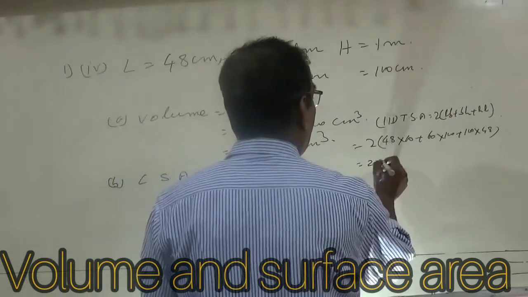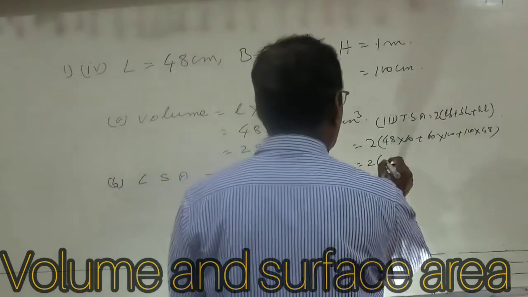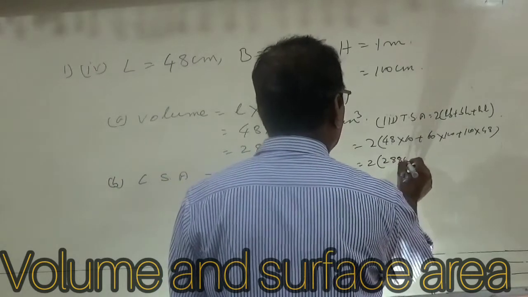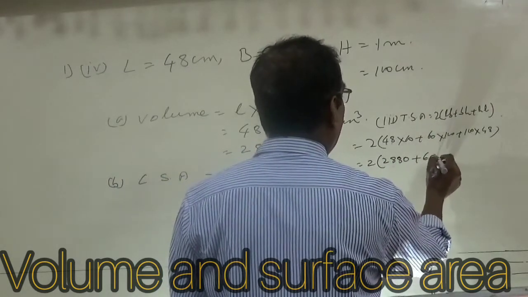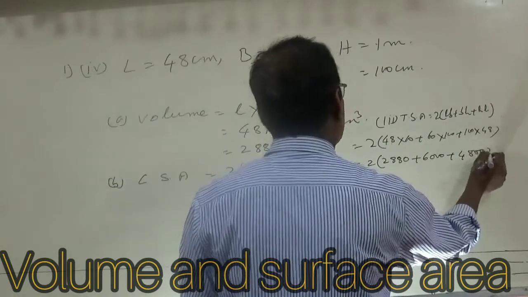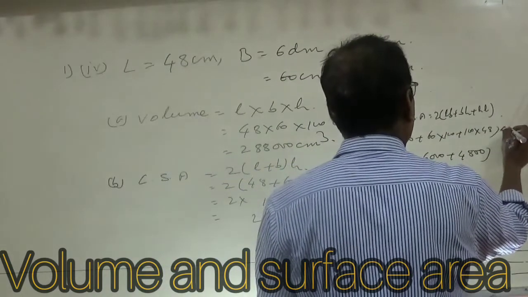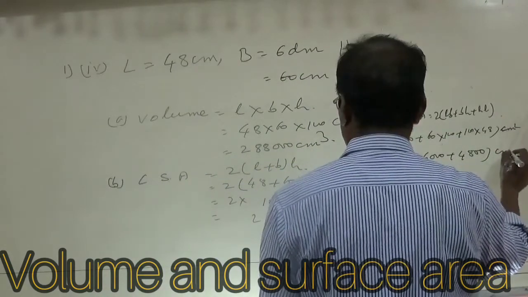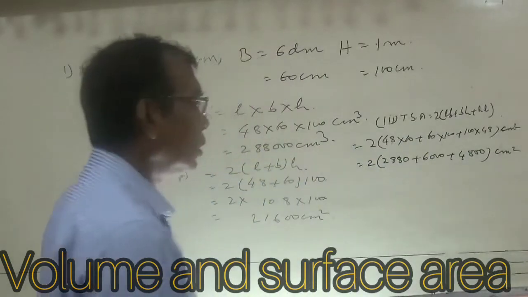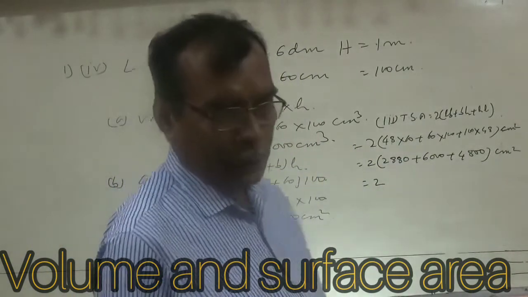2 into 48 into 60. I think it is 2880 plus 6000 plus 4800. Obviously total surface area you are finding, so its unit is centimeter square, as this unit is centimeter square. Okay, now add 2 into 2880 and so on.